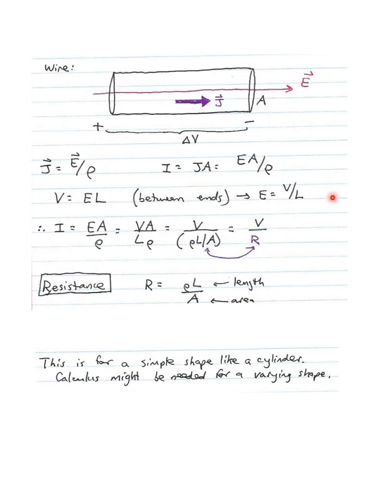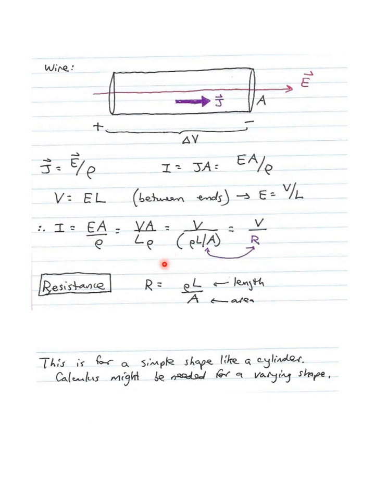So putting all this together, we go with what you see on the top line. Current is electric field times area divided by rho. And I'm replacing electric field with voltage difference divided by length. And I'm reconfiguring it so it's voltage over, and I'm putting everything down in the denominator.